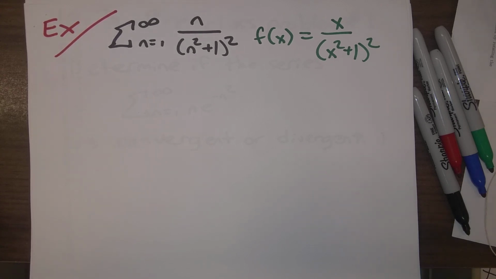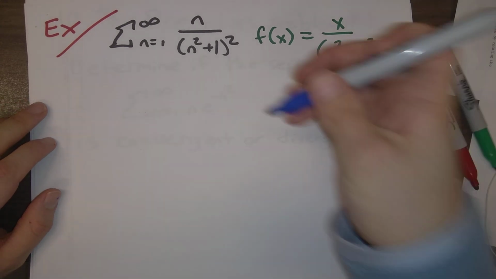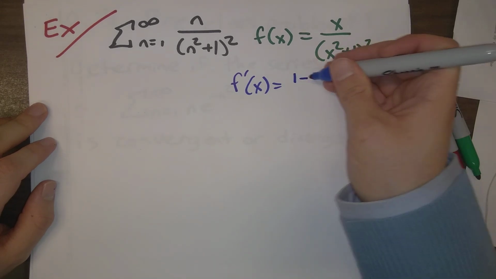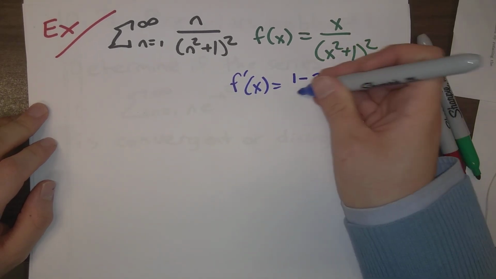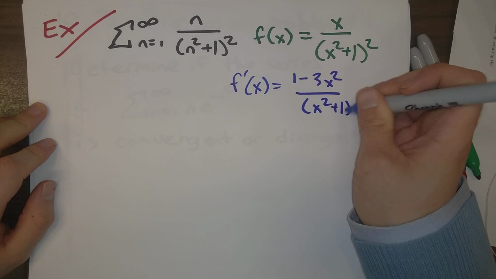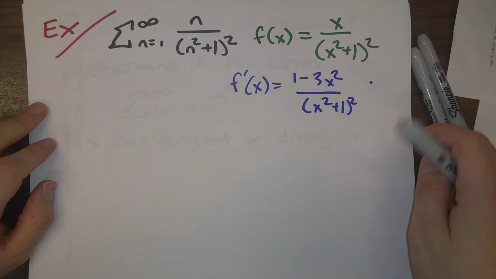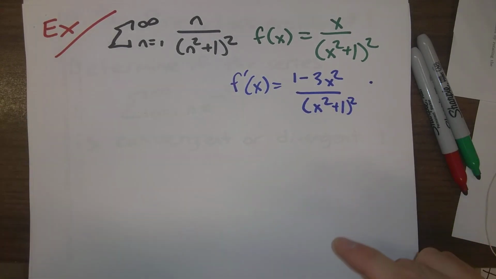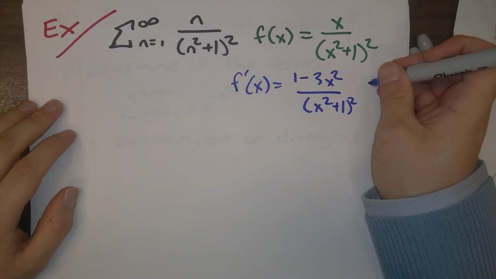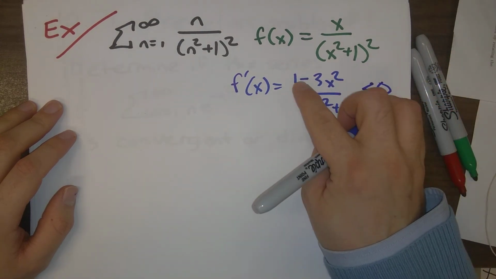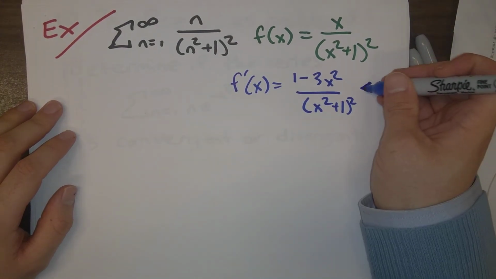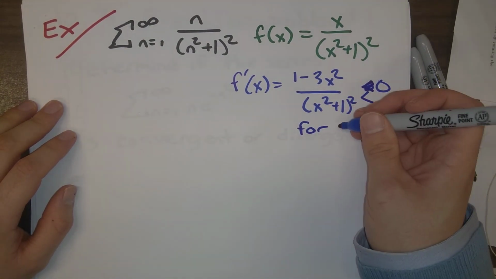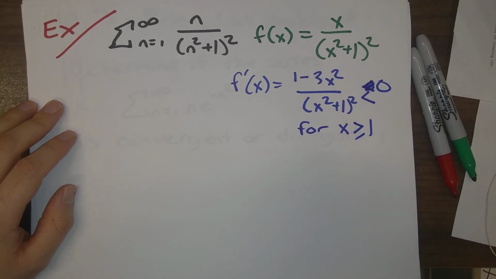And then to think about whether it's increasing or decreasing, we'd have to check the derivative. A little bit of crunching here says that f prime of x is 1 minus 3x squared over x squared plus 1, all squared. The denominator is always positive, and 3x squared is going to be bigger than 1 as long as x is greater than or equal to 1.